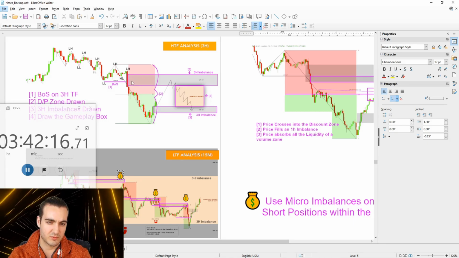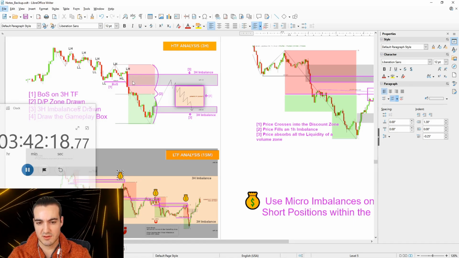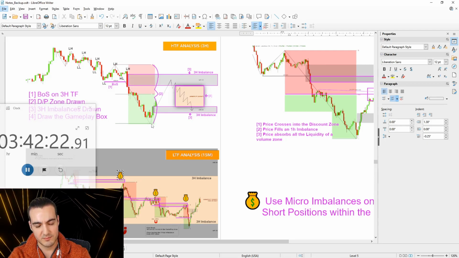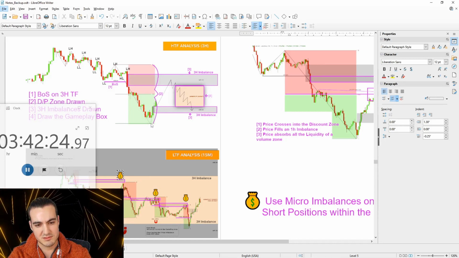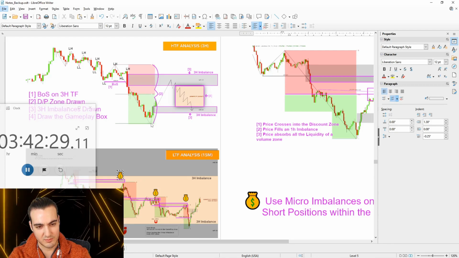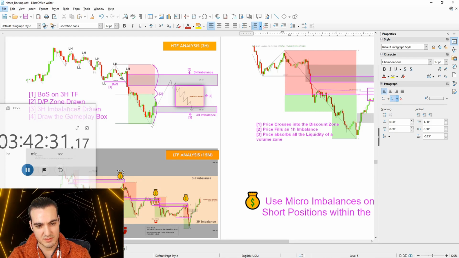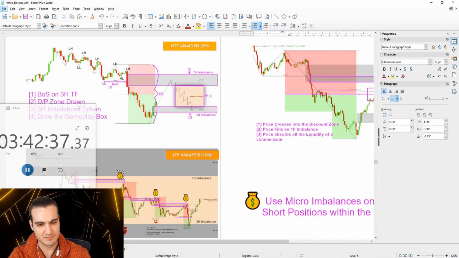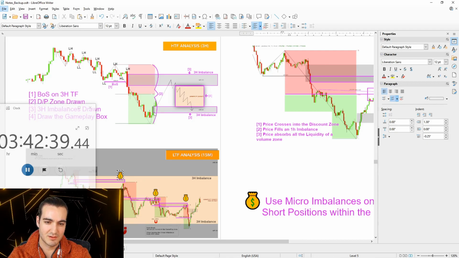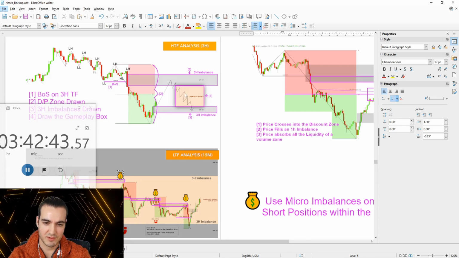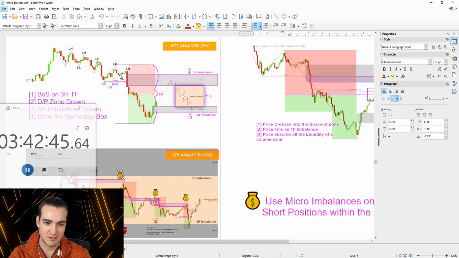This ends up forming the ceiling of our gameplay box, all the way down to the bottom, which forms the bottom of our discount premium zone. On its way back up, it creates an imbalance as well, which gives us a range that we are interested in scalping.